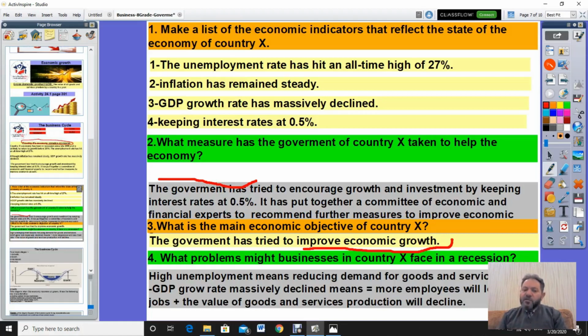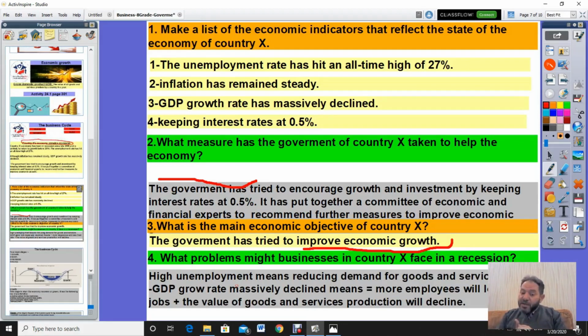The fourth question is, what problems might businesses in country X face in a recession? They could face many problems. For example, high unemployment means reduced demand for goods and services, and reduced demand means that the business will mainly stop.